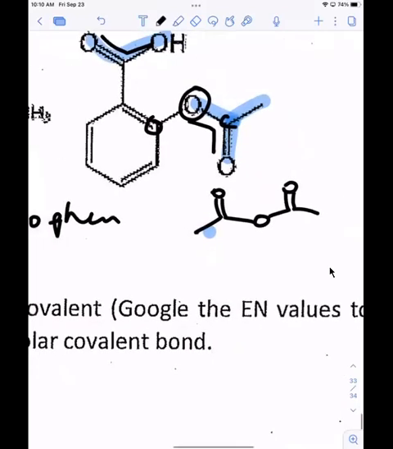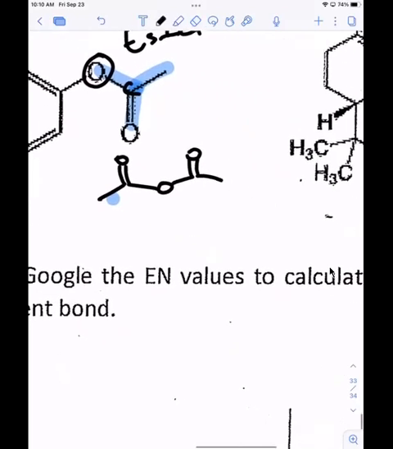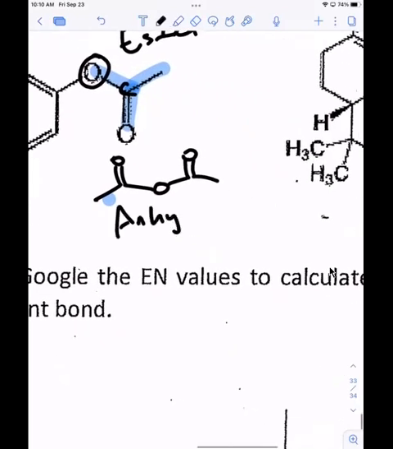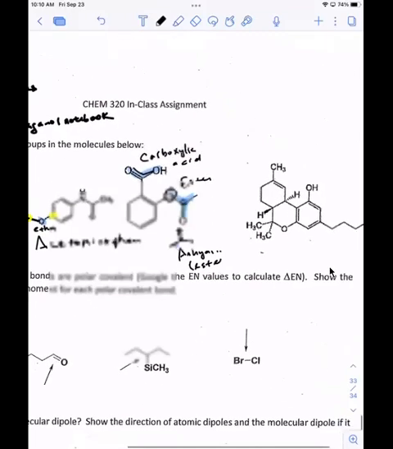But it's still this type of functional group though. Ester. It's an ester. And an anhydride is also an ester. That's good though.